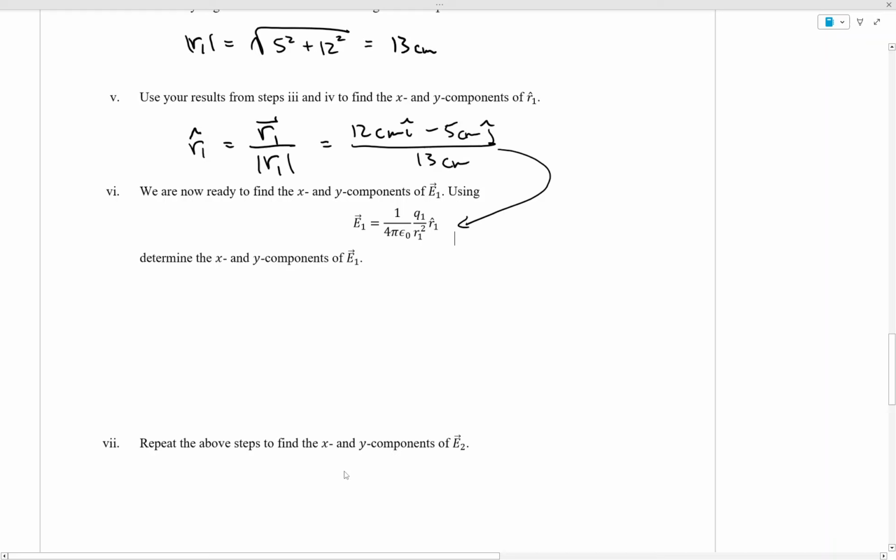So next we want to figure out the components of E1. Well, what is it? It's E1, the vector. Just substitute this in.